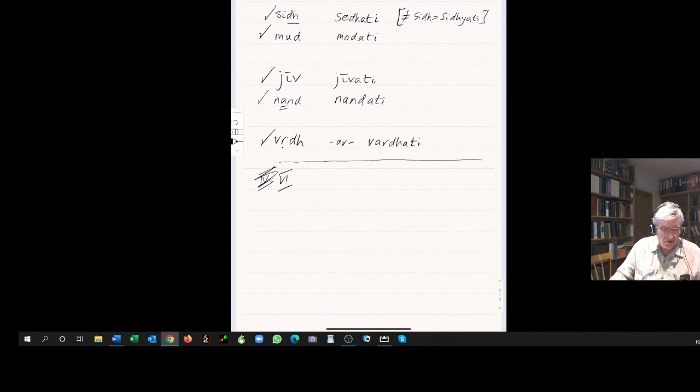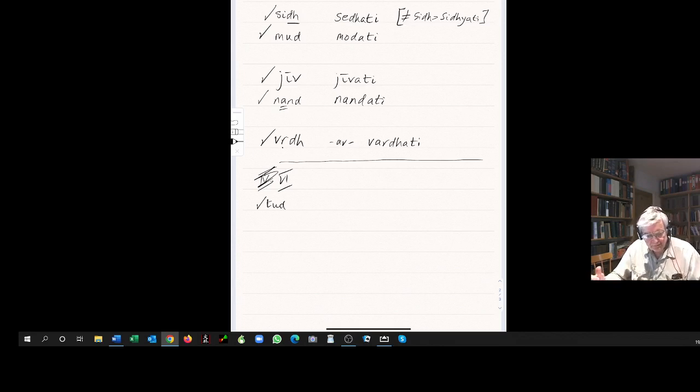Class 6, let us take the root tud, meaning to strike, cognate with our contusio in Latin, contusion, a bruise, where you've been struck by a trauma.